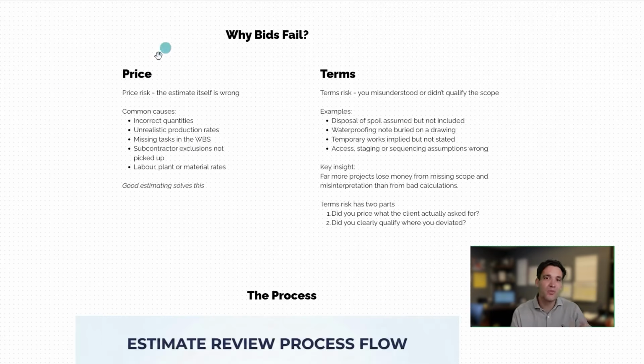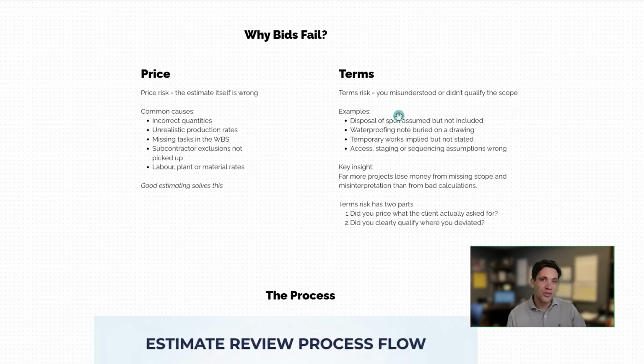This is all about the estimating process where you take the scope, the drawings, the contract, interpret it correctly, and transform it into a price to do the work. Now, the other way we can fail at the pre-contracts phase is to have an issue with our terms.